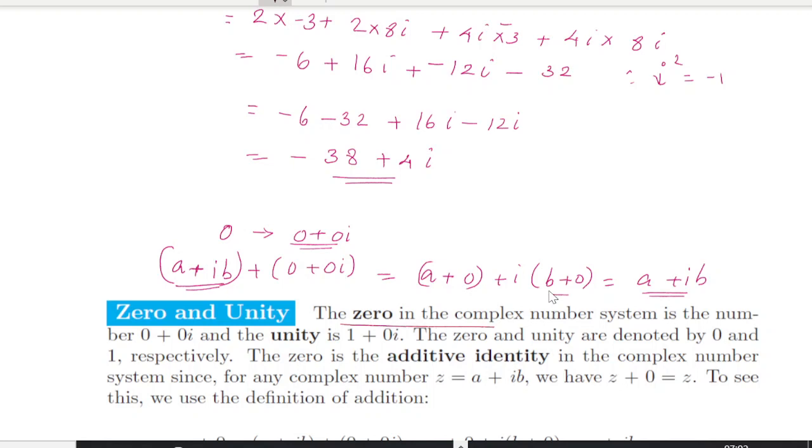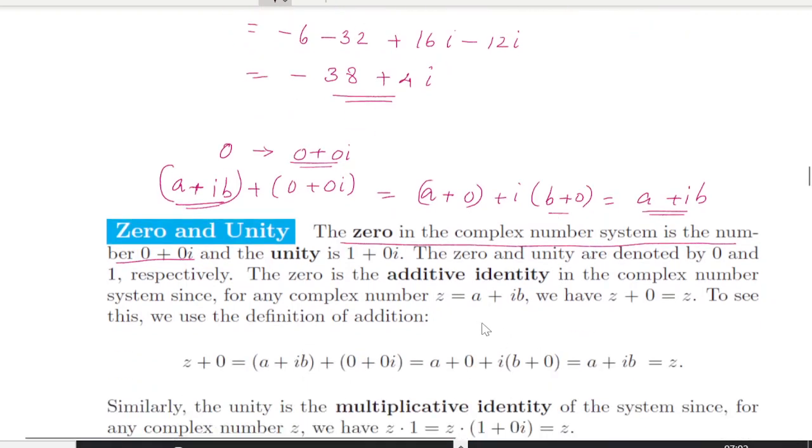So 0 in the complex number system is the number 0 plus 0i. Now in the same way we can have the unity. Unity we are defining as 1 plus 0i. The 0 and unity are denoted by 0 and 1 respectively. Now when we write 1 in the complex number system, that is nothing but 1 plus 0i.